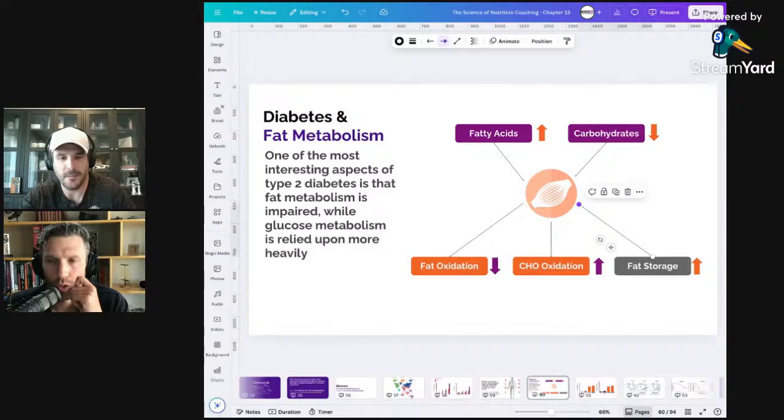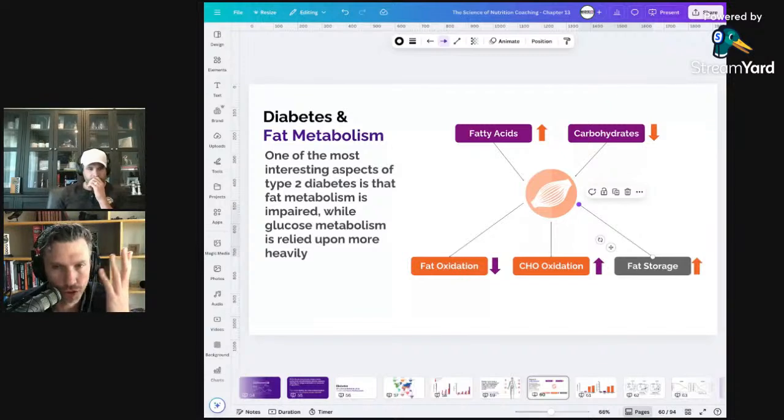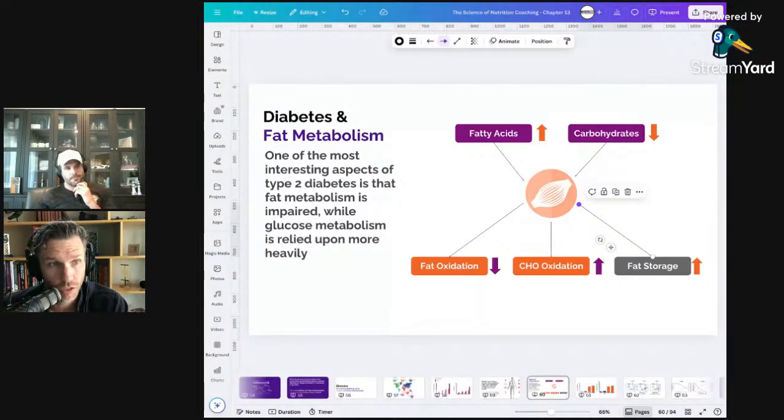So when you have insulin resistance, and let's say it's fairly advanced and it's type 2 diabetes, here's what's actually happening in your peripheral tissue. Let's just take your muscle tissue. You actually take up more fatty acids. You take up less carbohydrates. But inside your muscle cells, you are burning less fat. So your fat oxidation is impaired.